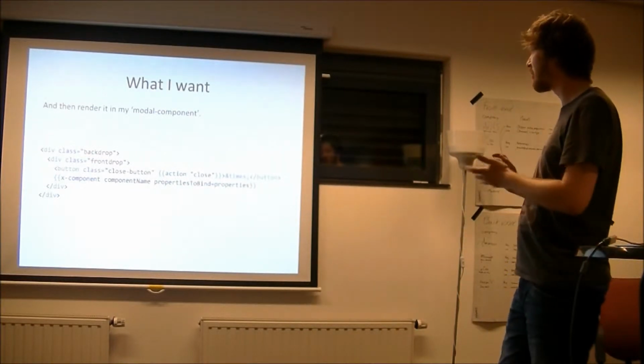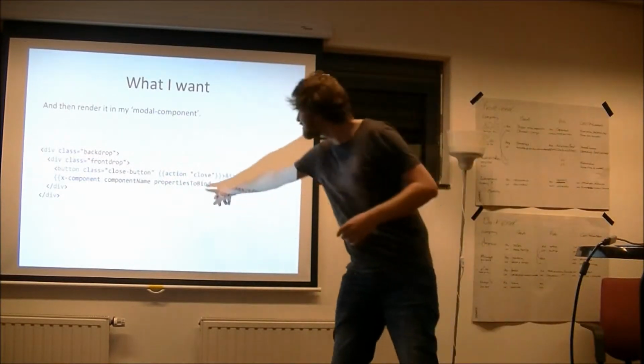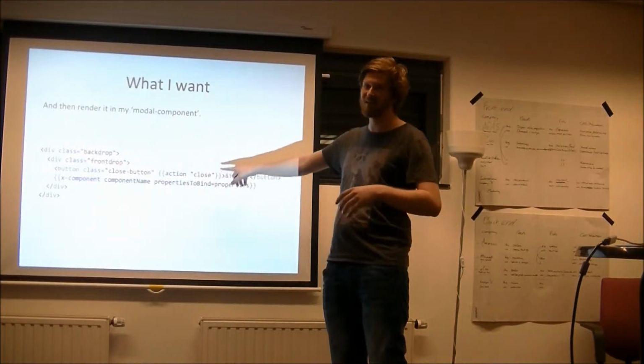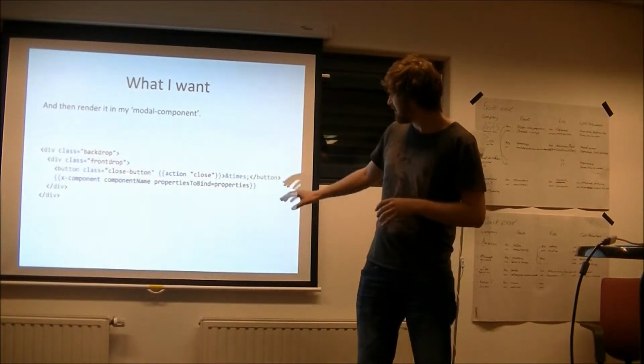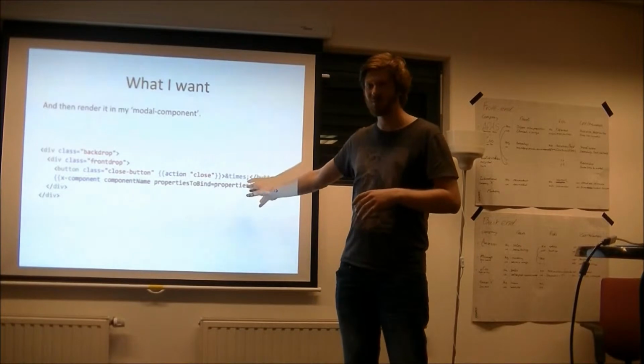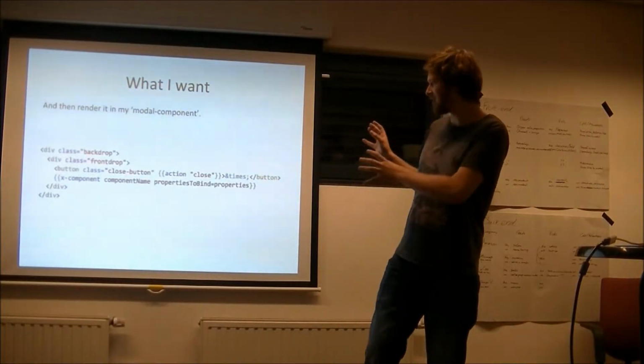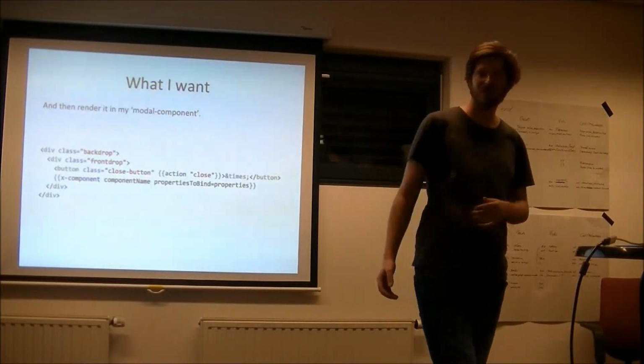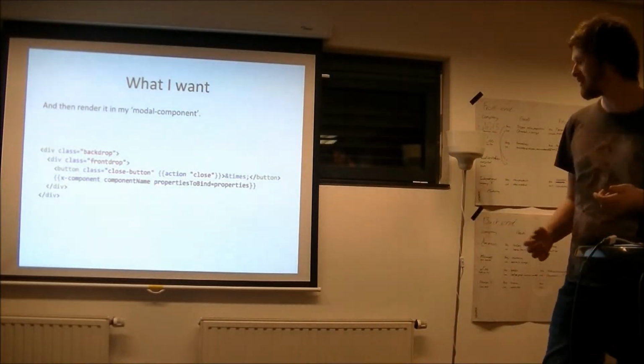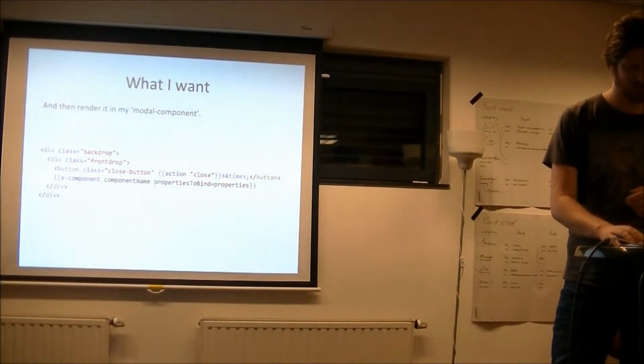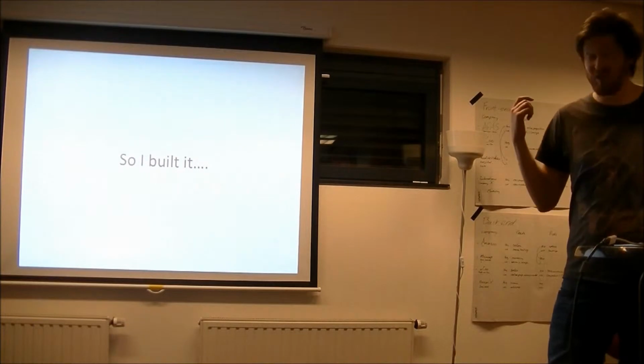So my real problem is I want to do something like this that has my properties to bind, and then this will be an object with properties, and all those properties on that object should be just bound to the component. So I just built it.